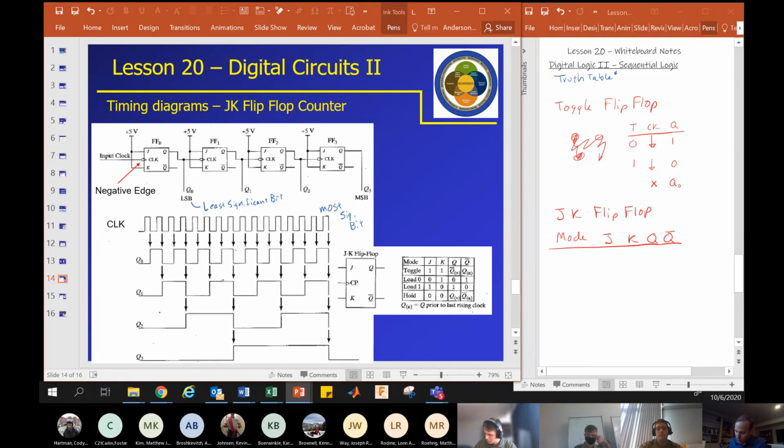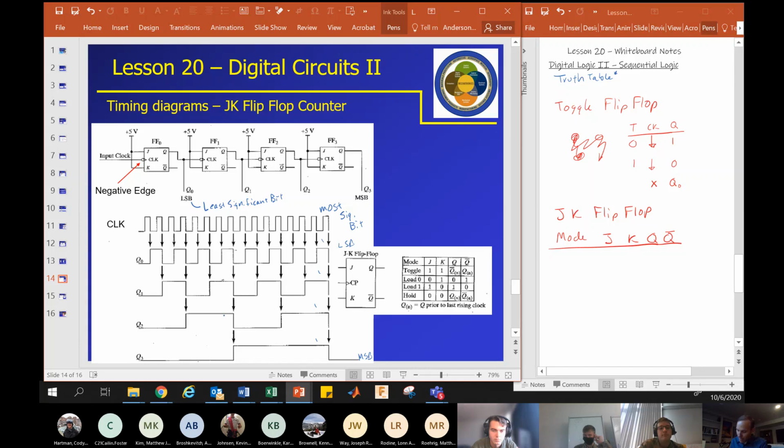If you look at the Q outputs as Q0, Q1, Q2, Q3, this is the most significant bit. This is the least significant bit. And here we have 1, 1, 1, 1. So that is the number 15, meaning that 15 clock pulses have passed by.